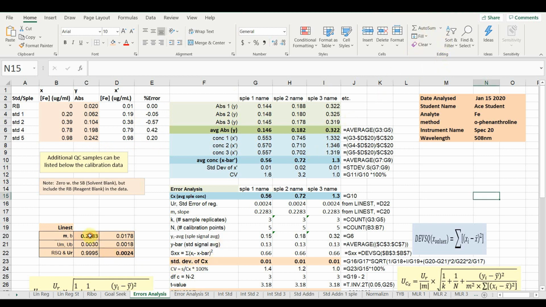Linest was applied to the data, known y's and known x's, and we have 3 rows of data. That's actually all we need. It gives us the slope and the intercept, the standard uncertainty of the slope and standard uncertainty of the intercept, which we will not use. We have the r-squared 0.9995, and we have the standard error of the regression, which we will use.